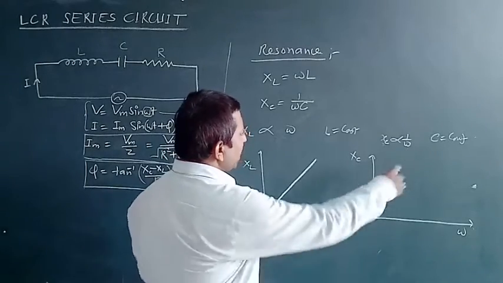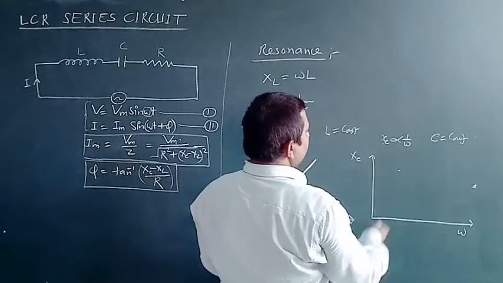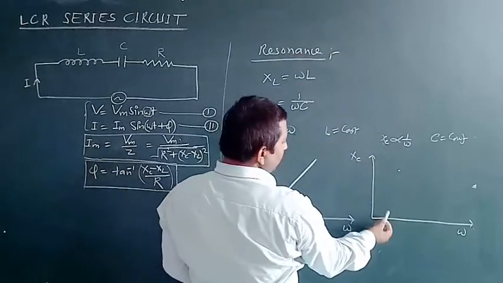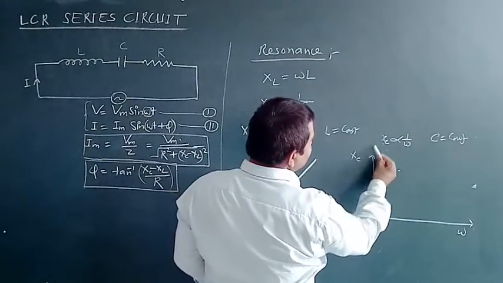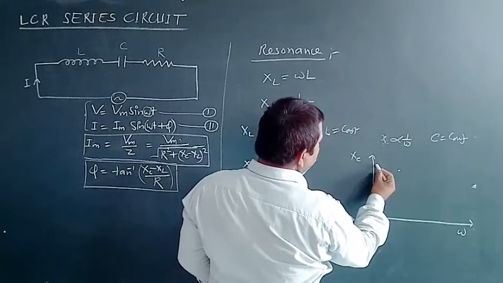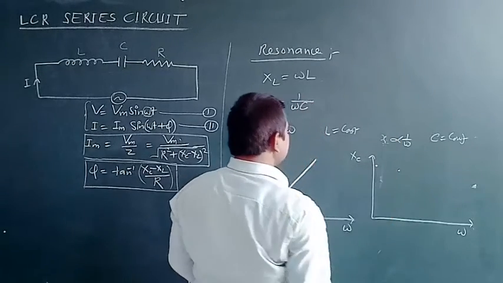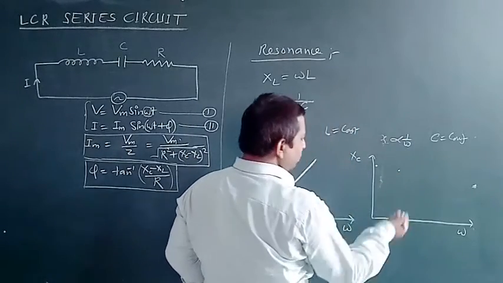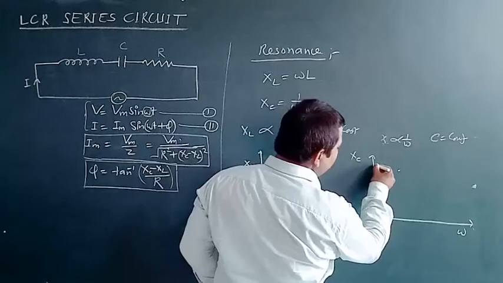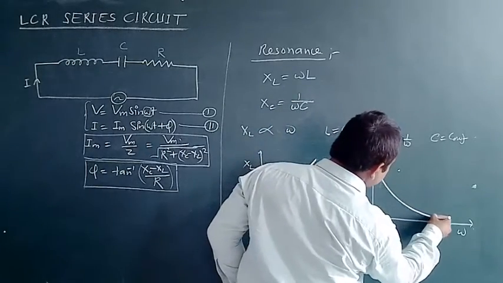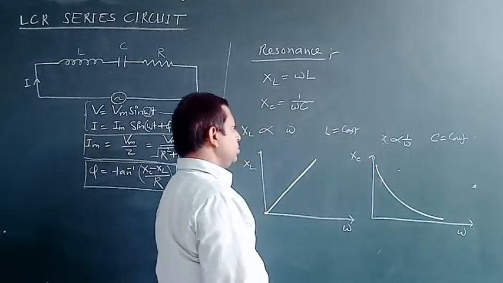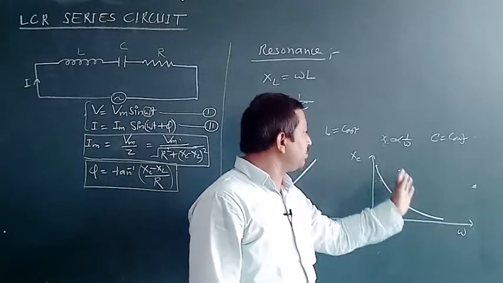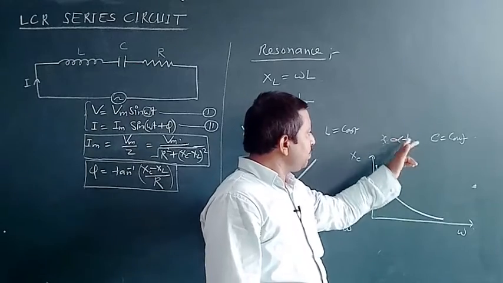When omega is 0, XC is infinite, meaning the curve does not touch the axis at any point. So this is the graph representation of XC inversely proportional to omega.